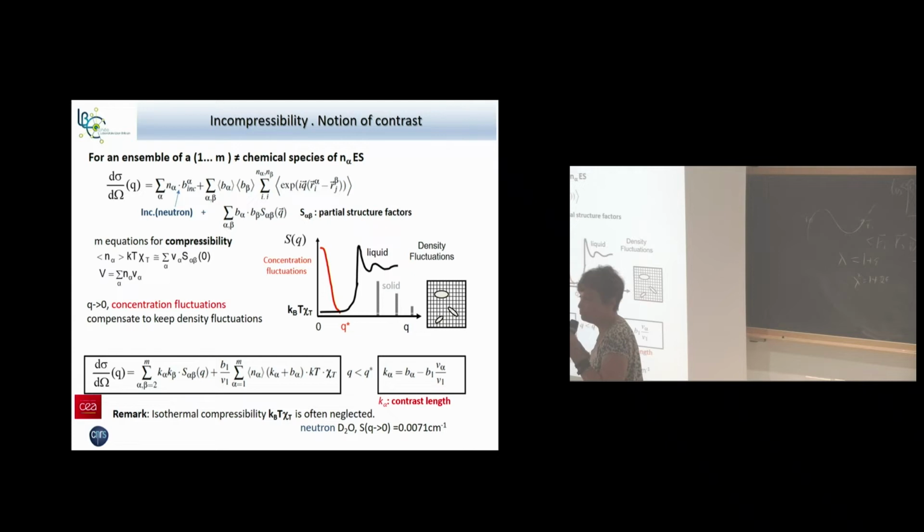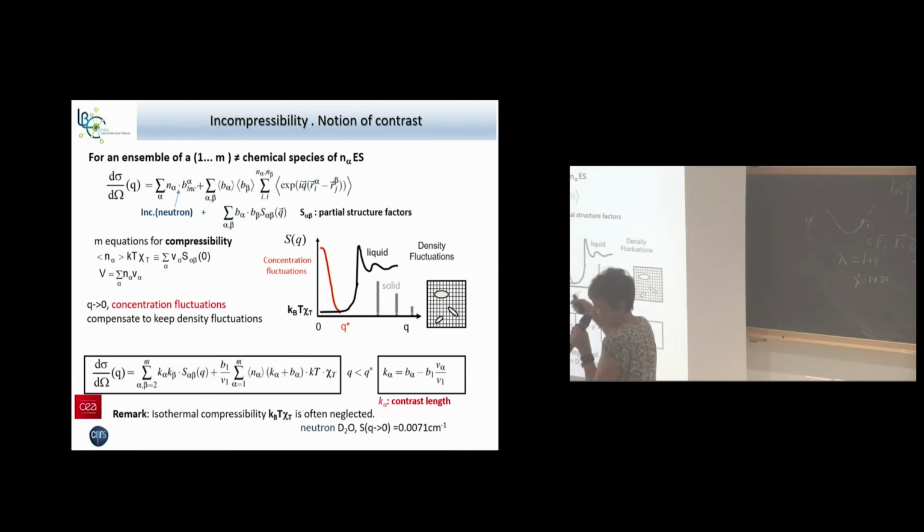You need to have a contrast between the molecule that you want to know how it is organized and the medium to measure something. Even if the molecule has a shape, if you are not able to discriminate it, to see it, you will measure nothing. The signal will be zero. But okay, so for the moment, for the structure factor, you may have two molecules.